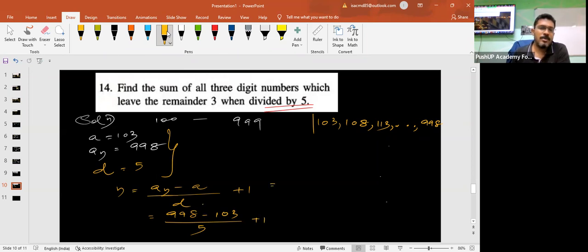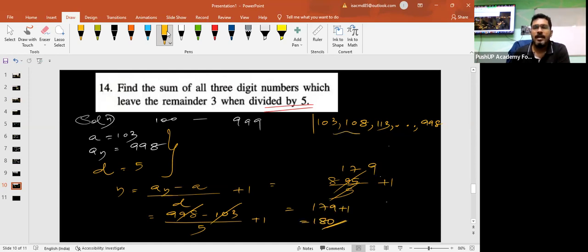This is equal to 998 minus 103, which is 895, divided by 5, plus 1. 895 divided by 5 is 179. So 179 plus 1 is equal to 180. The total number of terms in this AP would be 180.